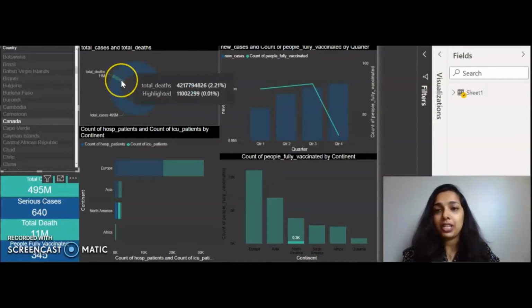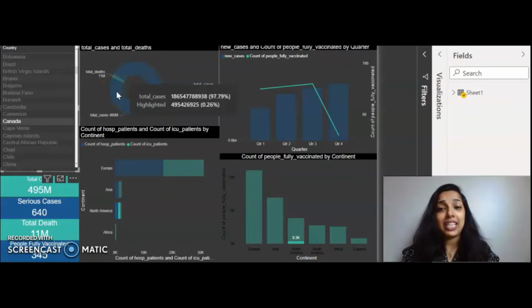Out of the 2.21 percentage, the total death percentage for Canada is 0.01 percentage. And out of the 97.79 percentage of total cases reported, the percentage of total cases reported in Canada is around 0.26 percentage.